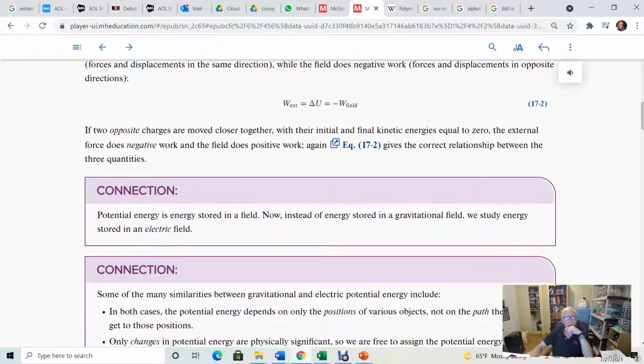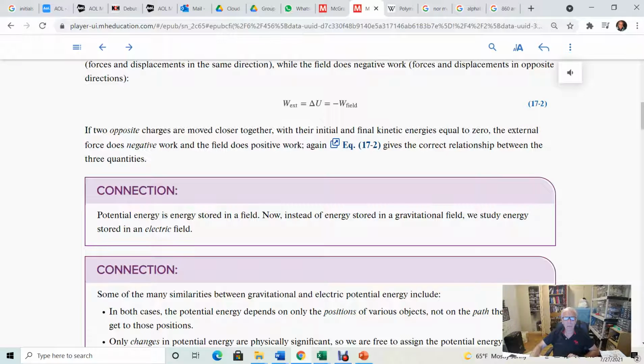So potential energy is energy stored in the field. What does it mean? The field is that field that exists between those two sources, whether the sources are two masses or two electric charges. So let's start now.